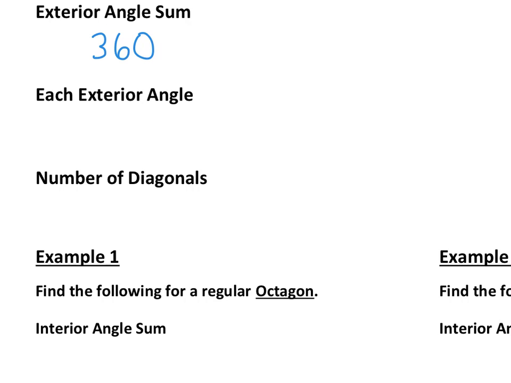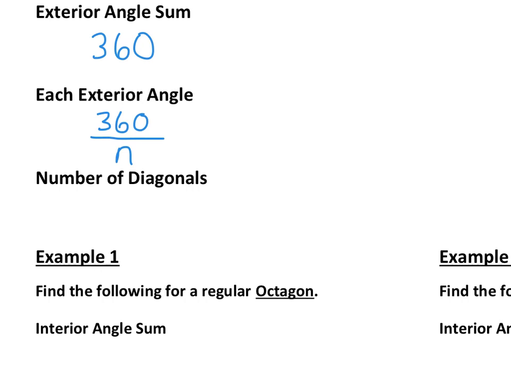Now, moving on to the next one, if we want to find the measure of each exterior angle, then we need to divide that 360 by how many angles occur in the polygon. Remember, number of angles or number of sides, it's the same number, and that's always going to be n. So that's the number of angles in our polygon, 360 divided by n, and that will give us each exterior angle.